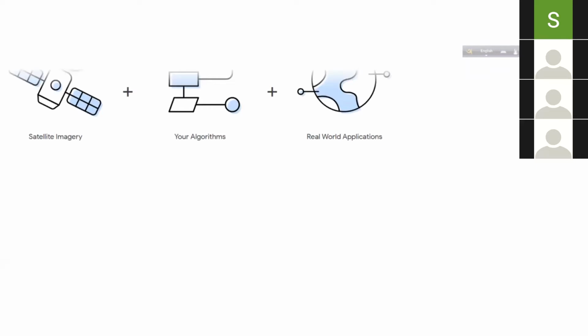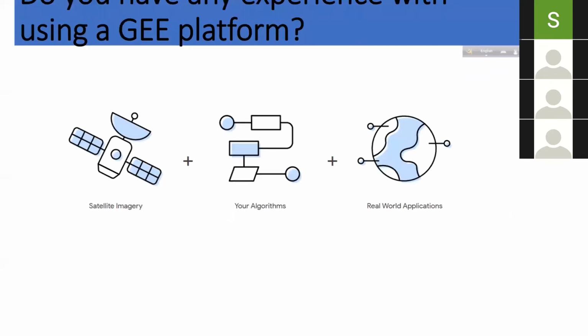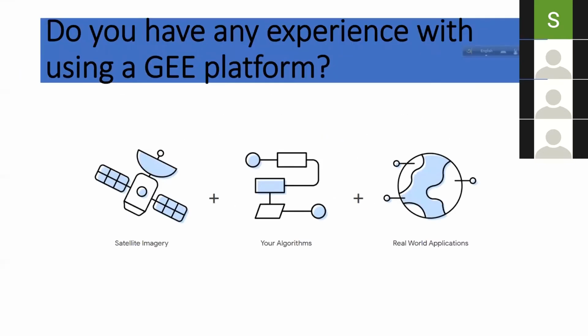So now I have a question. Do you have any experience with using Google Earth Engine? Yes, sir. Okay, mainly what programming language did you use? JavaScript coding, along with Python too. But for JavaScript, I've used the Google Earth Engine Code Editor. Okay, good. So mainly here we can use two types of language: number one, JavaScript, and Python.